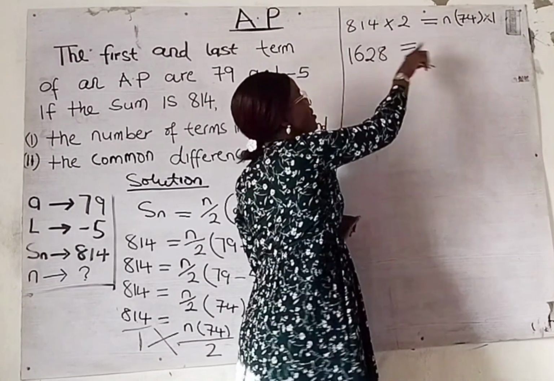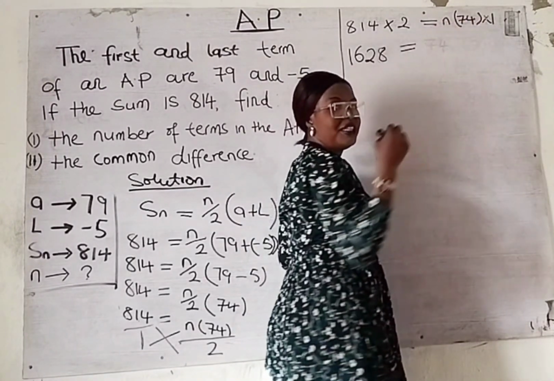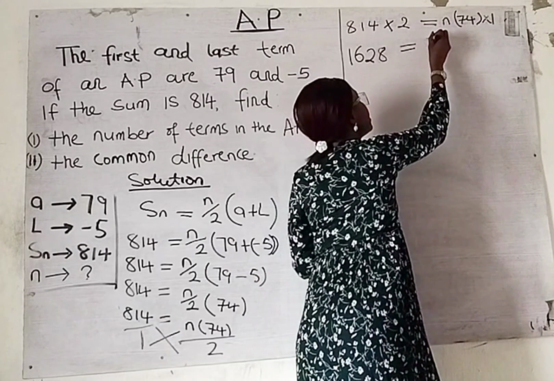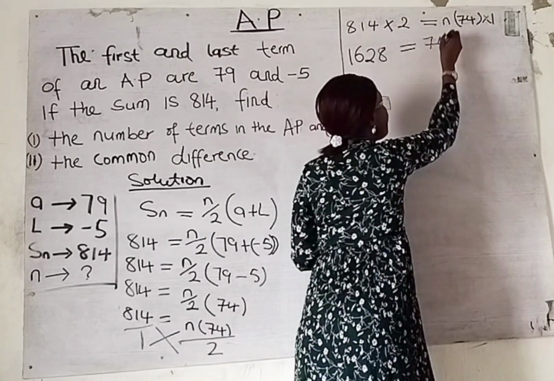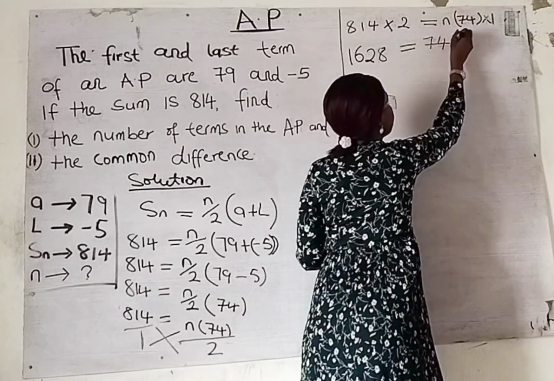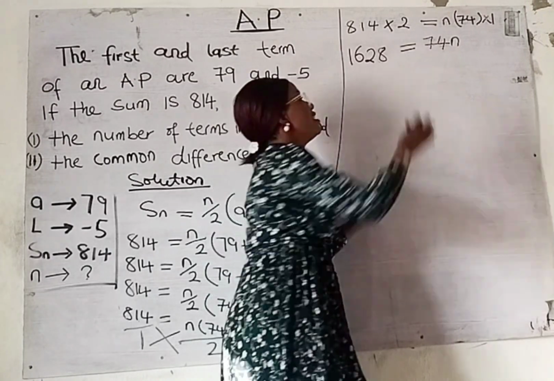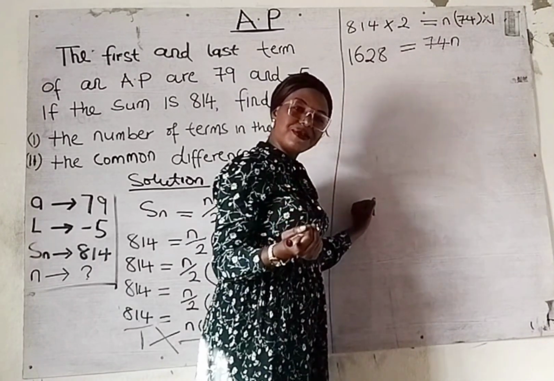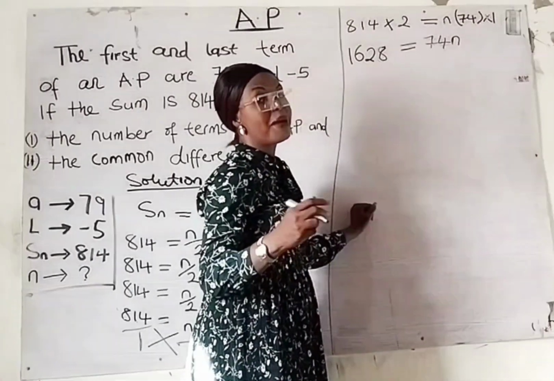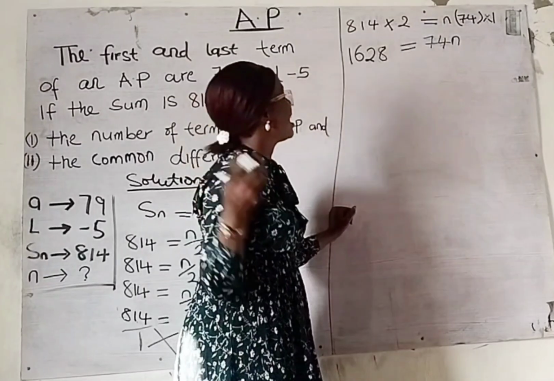Yes. It equals to, and you come this side, you say 74 times n gives us what? It gives us 74n. 74n times 1 is still 74n. Anything multiplied by 1 is still the same thing. So what was the last step?